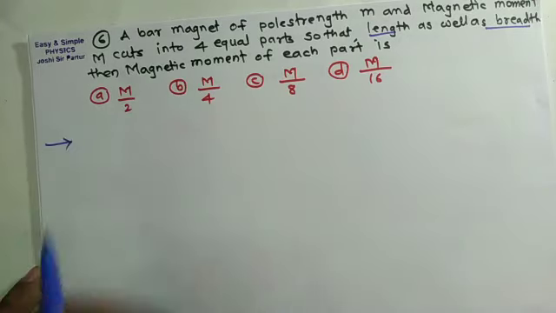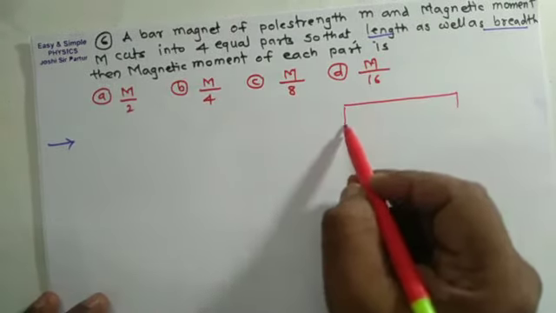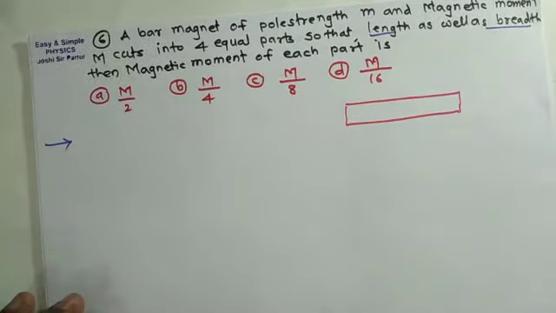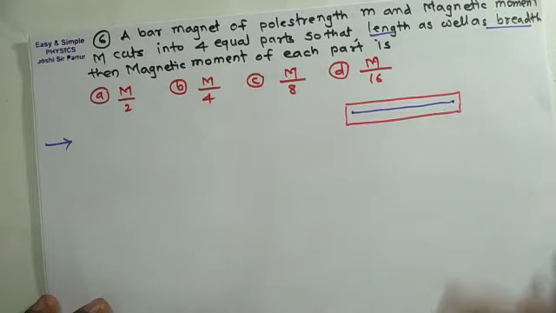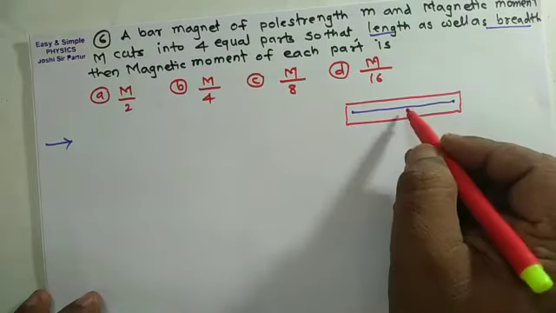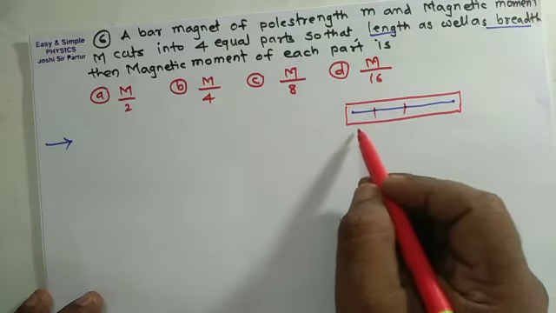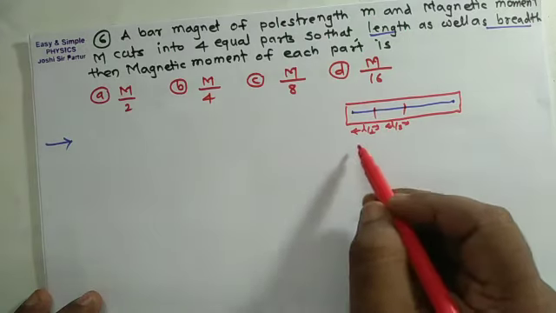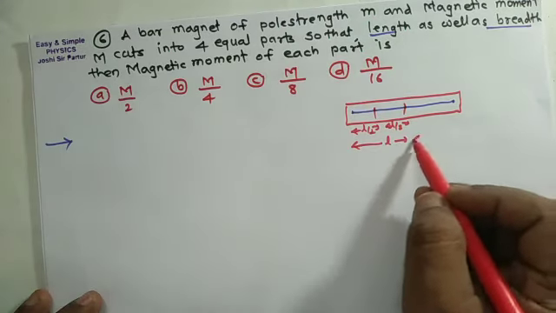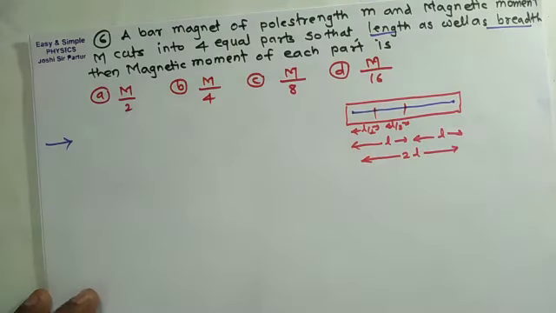When a magnet is cut into 4 equal parts, each part has length L upon 2, L upon 2. The total length for the bar magnet, the magnetic length, will be twice L.